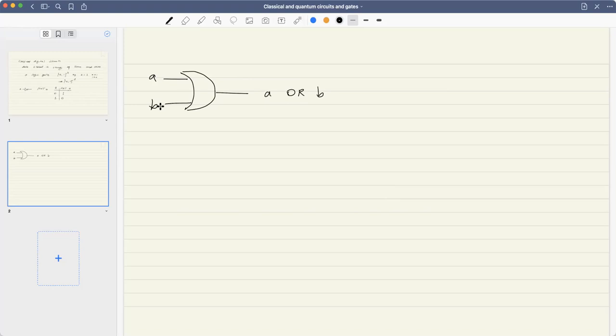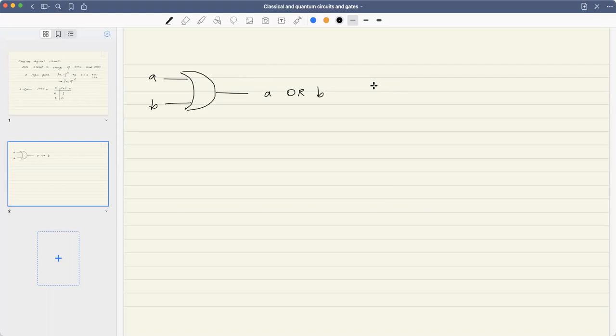A or B is false when both of them are false. When both of them are true, A or B is true. When A is true, B is false, A or B is true because one of them is true. And similarly, if A is false and B is true, A or B is true. So the name truth table has its origins in the study of logic.